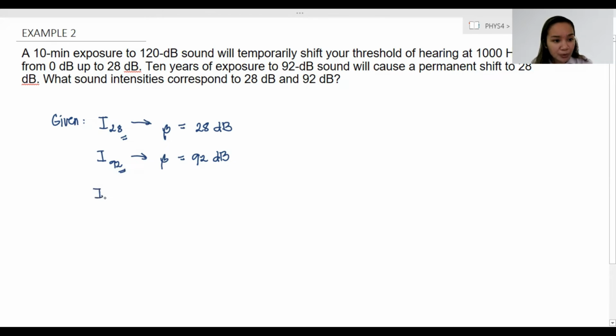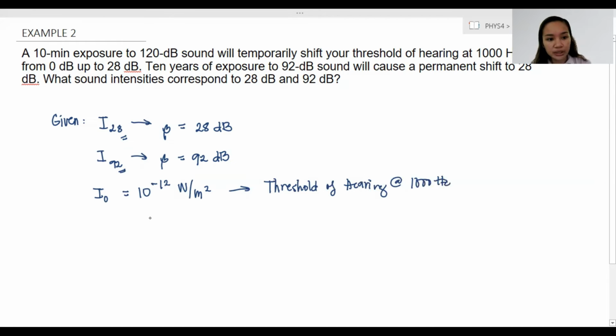Now, our I sub naught, or our initial sound intensity, is equivalent to 10 raised to negative 12 watts per meter squared. So this is a standard sound intensity for the threshold of hearing at 1000 Hz.